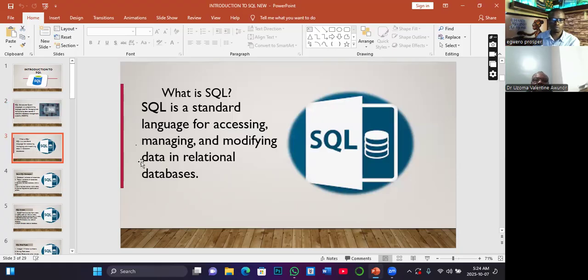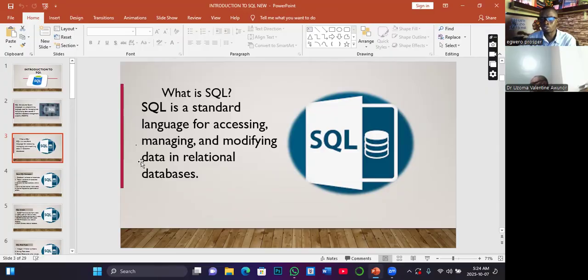Now, if we are also looking at SQL based on its functionality, then we can say SQL is a programming language that helps us to access, manage, and modify what? Data.